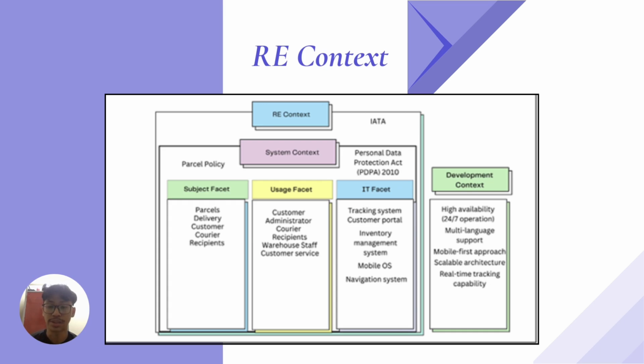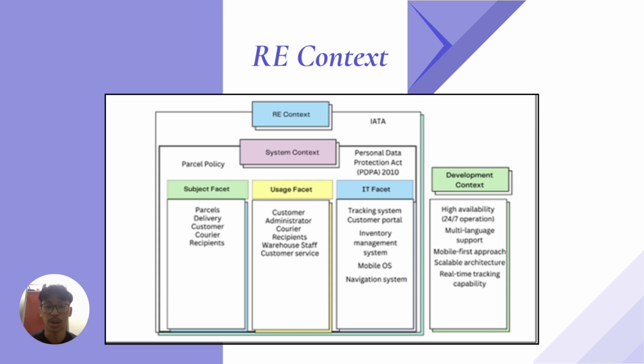Next, we also have the usage facet, which highlights the roles interacting with the system. This includes customers, administrators, couriers, recipients, warehouse staff, and customer service teams, as you can see in the diagram there. Each role has specific needs and responsibilities that the system must address, making this facet critical for ensuring usability and also functionality.